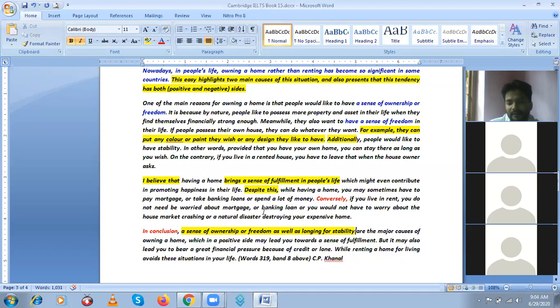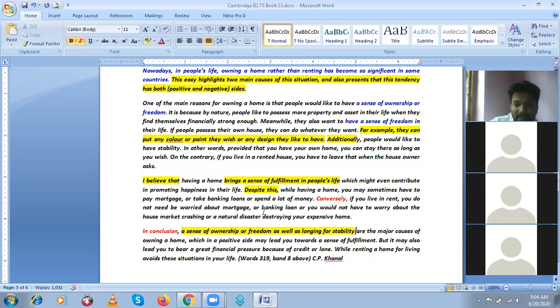We have already clearly outlined the essay. In the conclusion, we need to restate. The conclusion of the essay is exactly the mirror of the essay, the reflection of body 1 and body 2. A sense of ownership or freedom, as well as longing for stability.